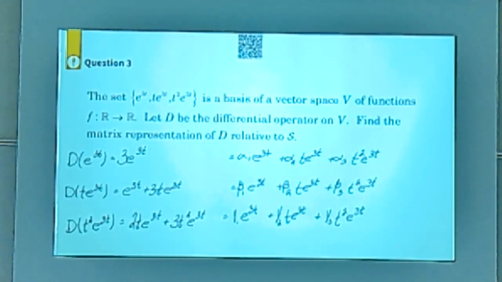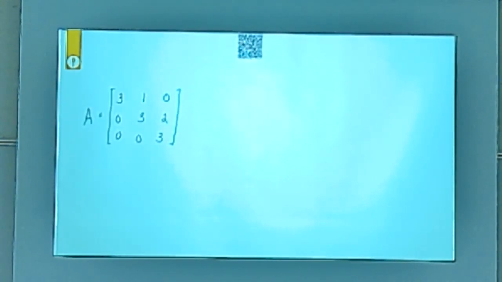It was just coefficient comparison. But again, that's only with respect to that basis. If I gave you a different ordered basis, your matrix would be different.